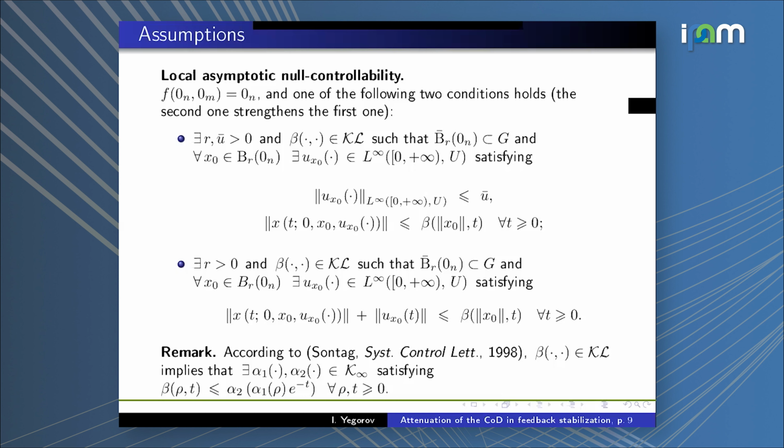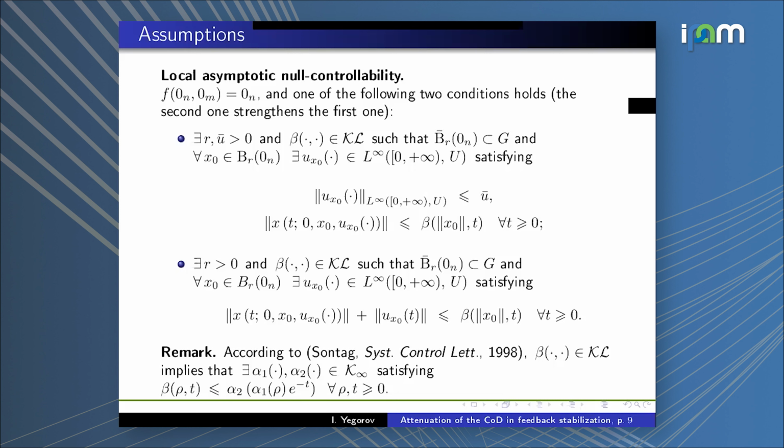So we suppose that there are feedback stabilization strategies that work locally. So starting from a sufficiently small neighborhood of the origin, there exists a control strategy that steers our system asymptotically to the origin.